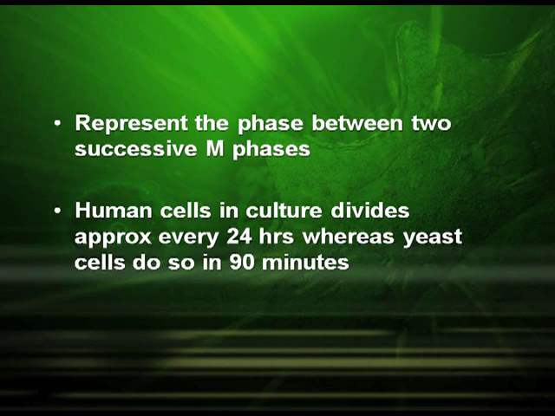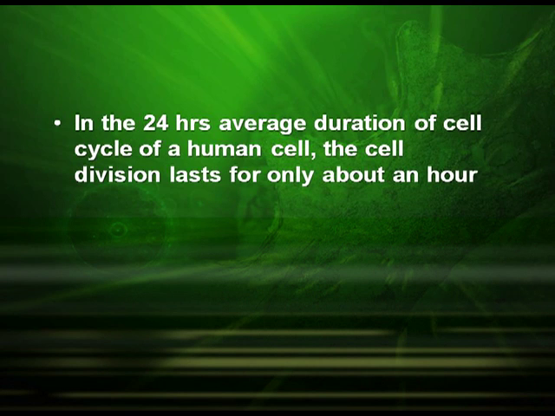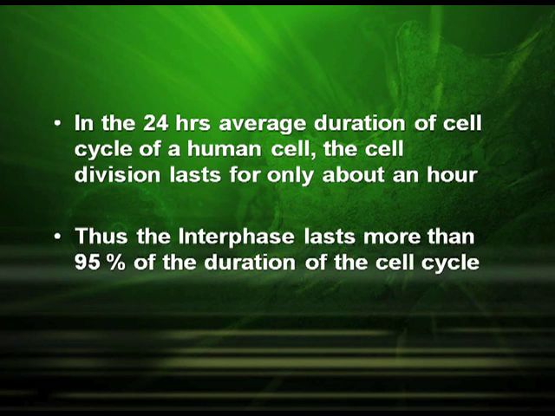Human cells in culture divide approximately every 24 hours, whereas yeast cells do so in 90 minutes. In the 24-hour average duration of cell cycle of a human cell, the cell division lasts for only about an hour. Thus, the interphase lasts more than 95% of the duration of the cell cycle.